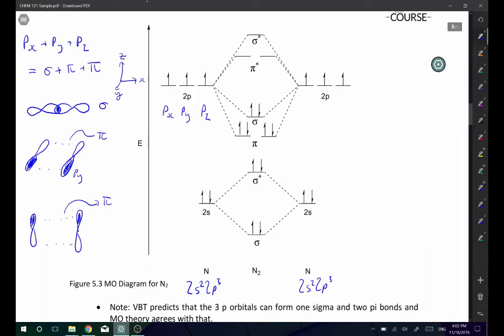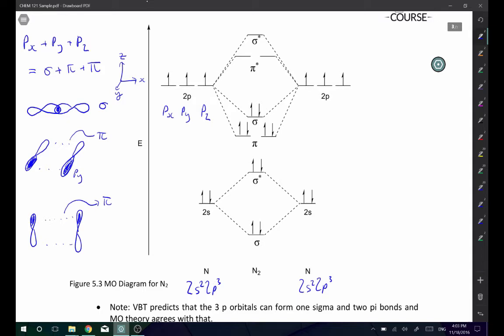Right, going back to the diagram, how do we actually fill this in? Well, we have 5 electrons on the left and 5 electrons on the right, so naturally we're going to have 10 electrons in the middle, and that's exactly what we have. You might be asking yourself, why do we have this template where we have 2 pi's, a sigma, 2 pi stars, and a sigma star? You do not need to know this.